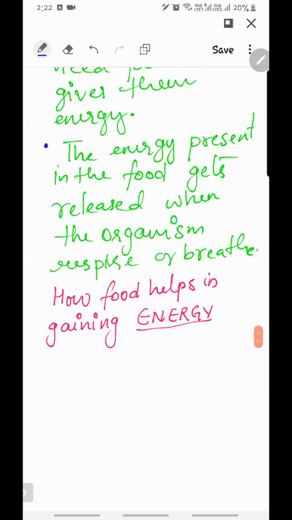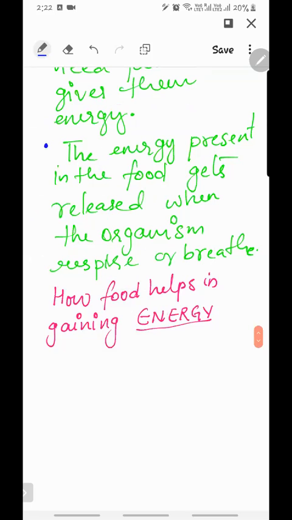First of all, when we breathe, we take in air that contains oxygen and breathe out air which contains carbon dioxide. This oxygen, when transported to our cells, will break down the food we have eaten.